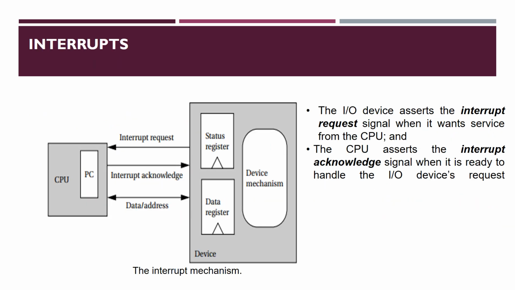So the next one is interrupts. Busy wait input-output is extremely inefficient because the CPU does nothing but test the device status while the input-output transaction is in progress. In many cases, the CPU could do useful work in parallel with the input-output transaction, such as doing computation, determining the next output to send to the device, processing the last input received, or controlling the input-output devices.